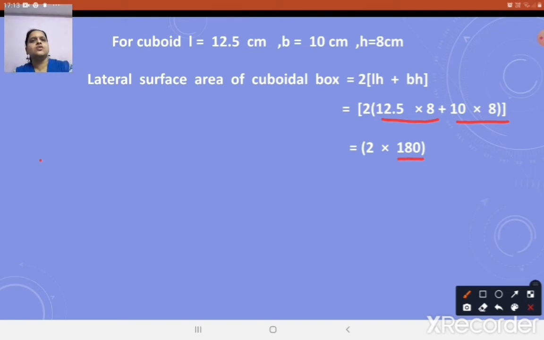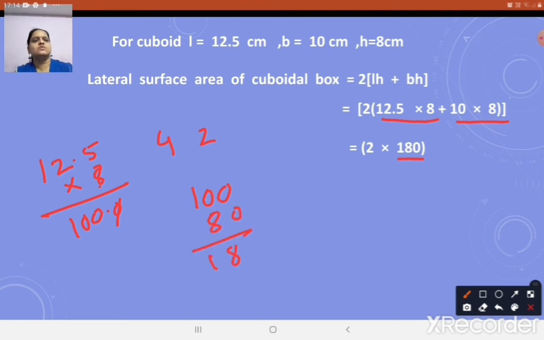If you want, you just try here 12.5 into 8. 8 5s are 40, carry 4, 8 2s are 16 plus 4 is 20, carry 2, 8 1s are 8 plus 2 is 10. So if you give the decimal point, the answer is 100, and 10 8s are 80.